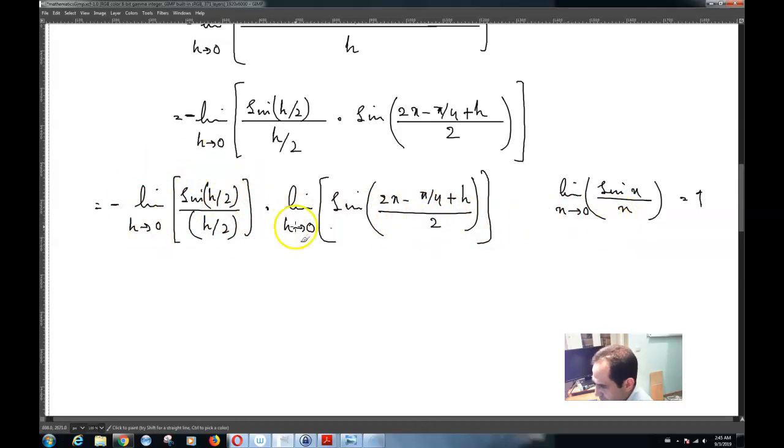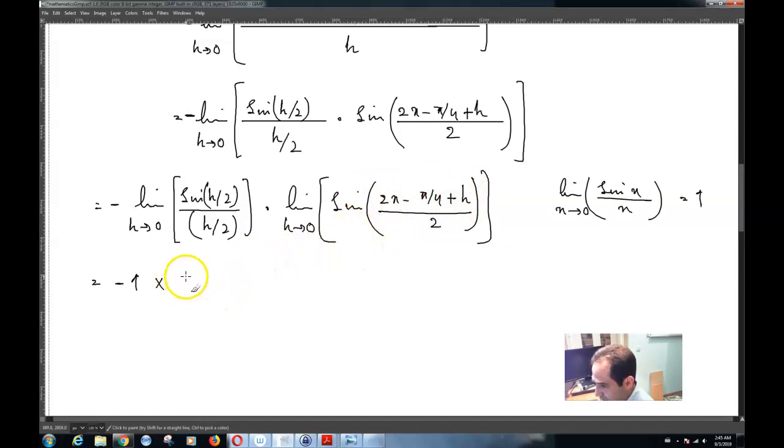And so this part is equal to 1. This part is equal to negative 1 actually, times now the limit as h tends to 0 of sine of this angle, which is 2x minus pi by 4 divided by 2.